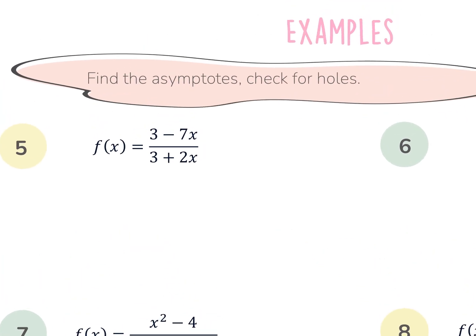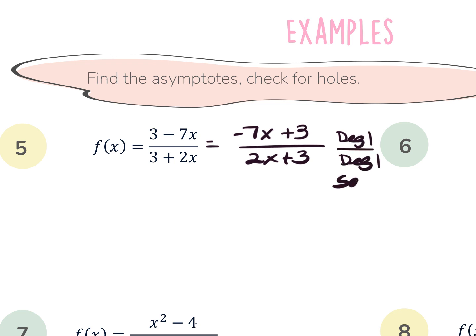Okay, so for here, remember, in order to find the degree, it needs to be in order from the biggest exponent down to the constant. So really what we need to do is rearrange this first and make it negative 7x plus 3 over 2x plus 3. All the prior examples, it was already fixed for me. So now I'm going to look at the degrees. So this degree is a 1. This degree is a 1. These are the same.